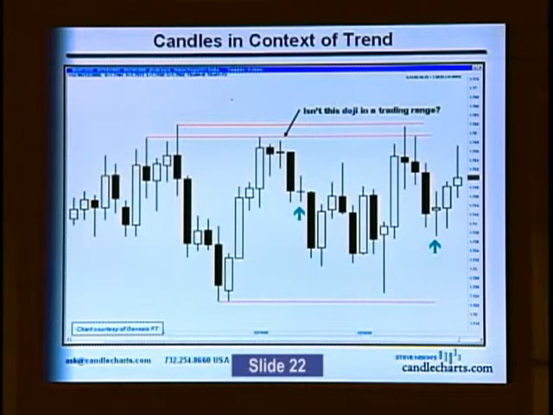The Doji here at the green arrow, is that in the middle of a box range? Yes. It has no implications at all. There's no trend to reverse. And this is true with all the candlestick signals. We always have to think about the preceding trend.